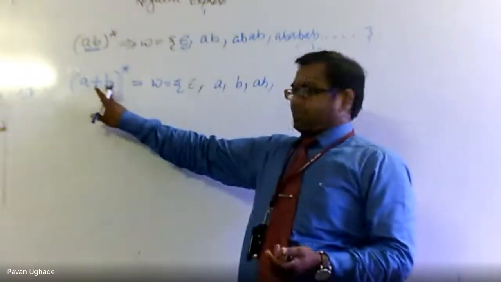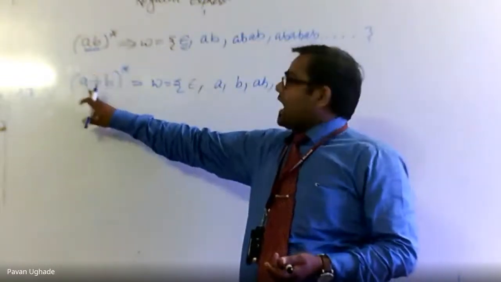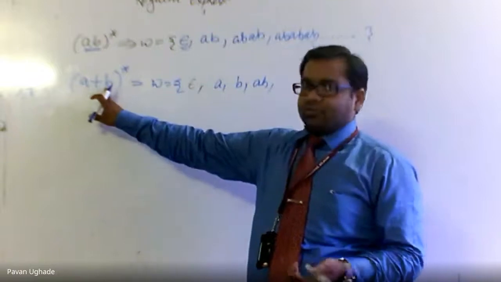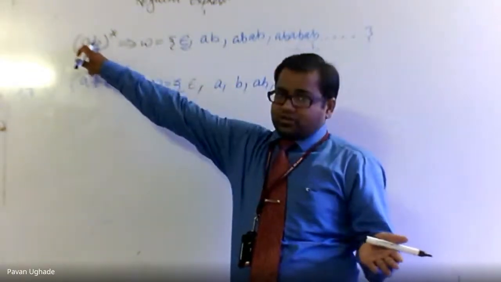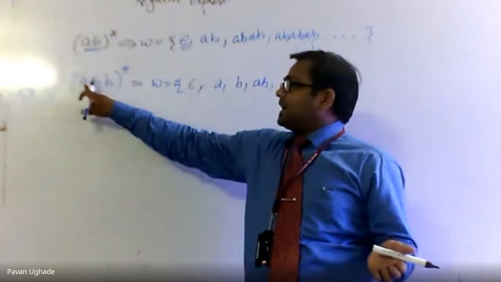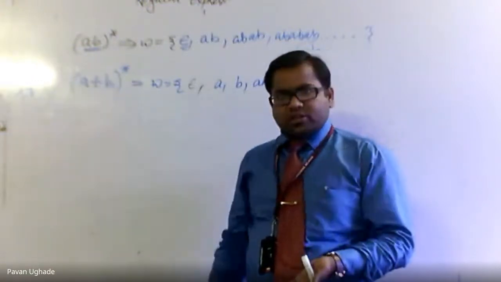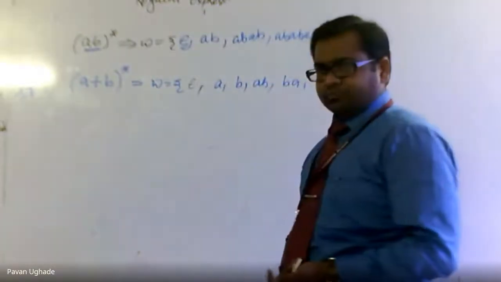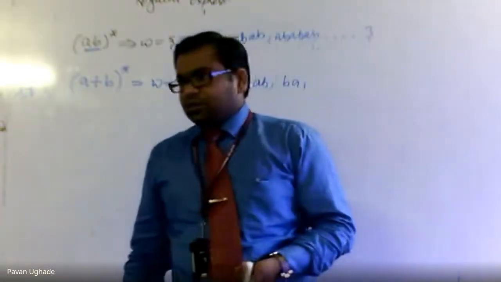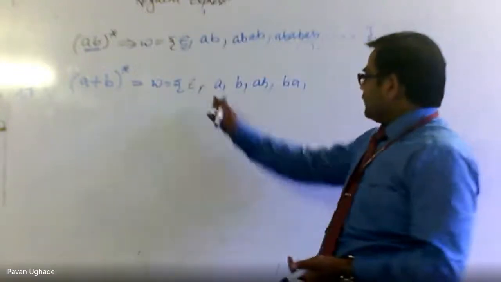Because it is (A or B) whole closure, I can start with A, I can start with B, anything. In A dot B it was not so; it always starts with A. In this case, with either A or B, you can start with anything, right? So can I consider BA also? Yeah, there you go. That is also possible. This is for length 2.